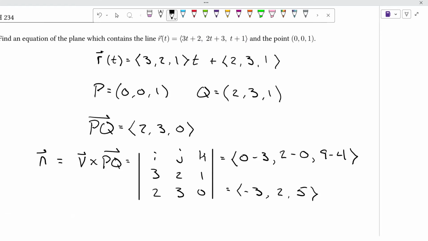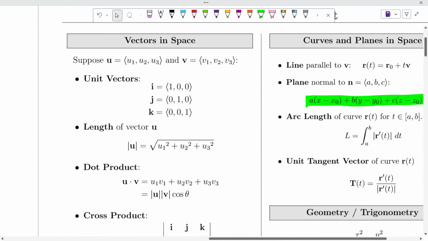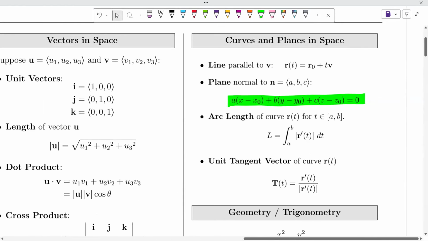Now that I've got those two pieces together, I just have to combine them in the correct way. And again, you could go over to your formula sheet. I'd already highlighted one of the pieces I wanted. I've got the equation, the one that's highlighted: a times x minus x naught plus b times y minus y naught, and so on. You can probably get it from there, where the plane is normal to the vector (a, b, c).